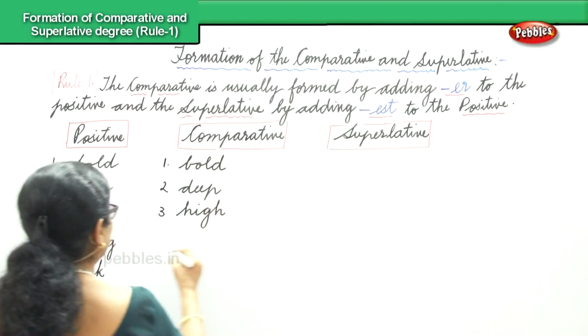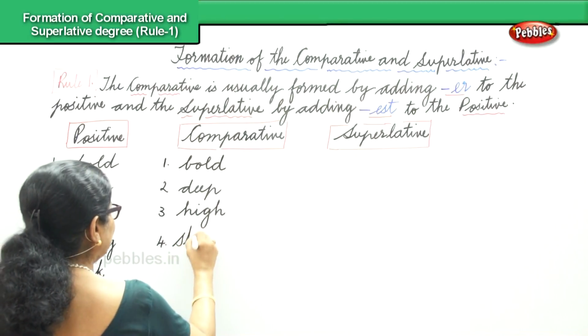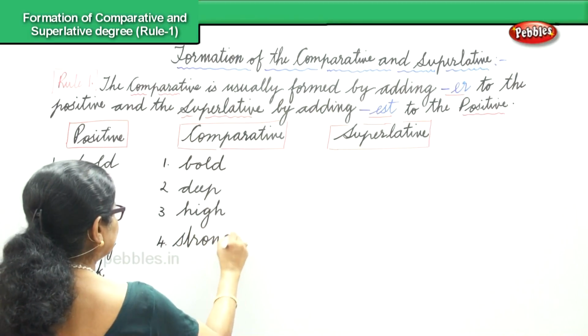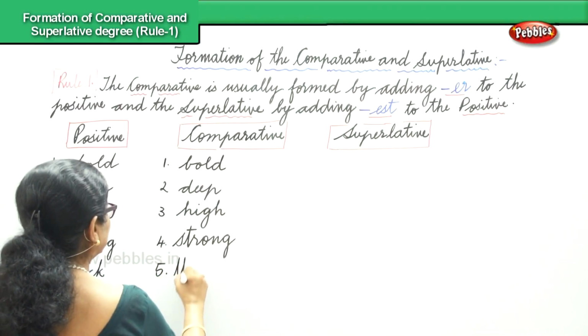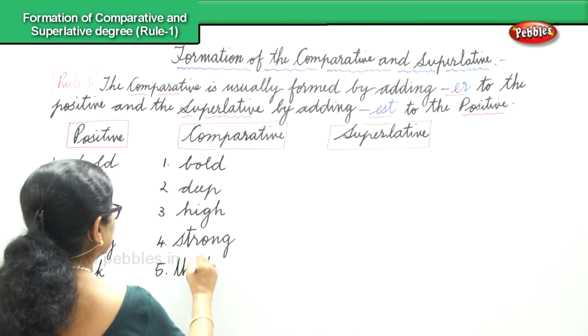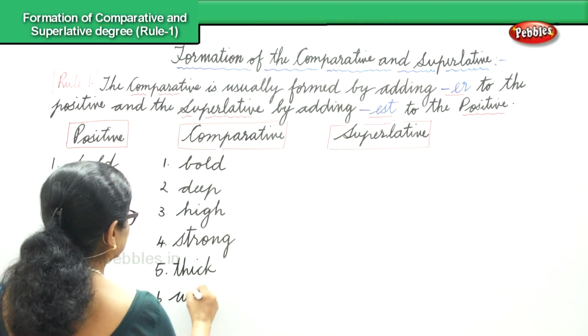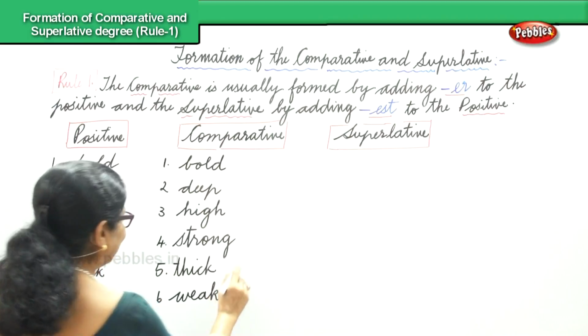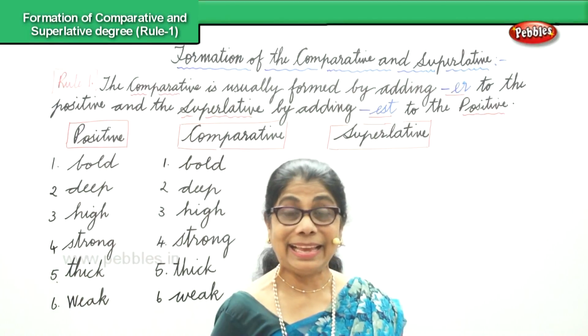We'll write it in a different color so that we'll remember better. Strong, stronger. Thick, thicker. Then finally, we have weak, weaker.